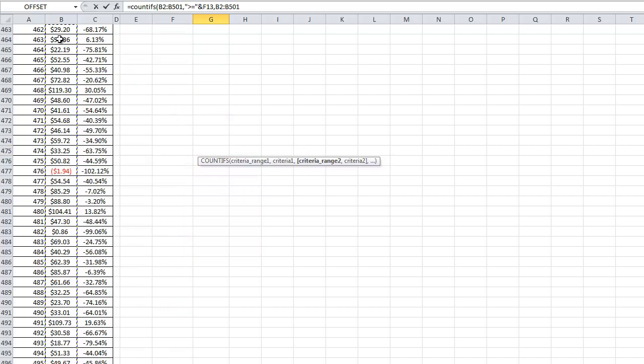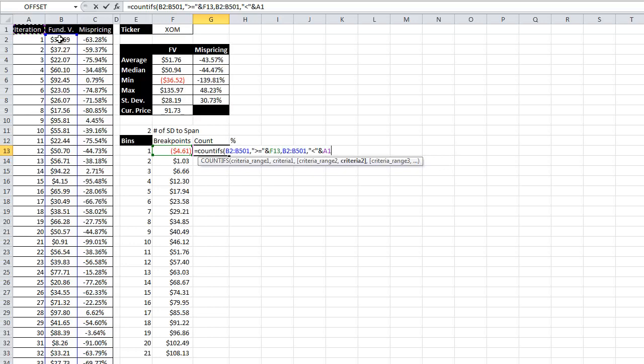So again, highlight the column, less than, ampersand, come back up to the top, and now click on the next bin. So pick apart that formula. What we're saying is count all of these if they're greater than or equal to this breakpoint and less than or equal to the next breakpoint.